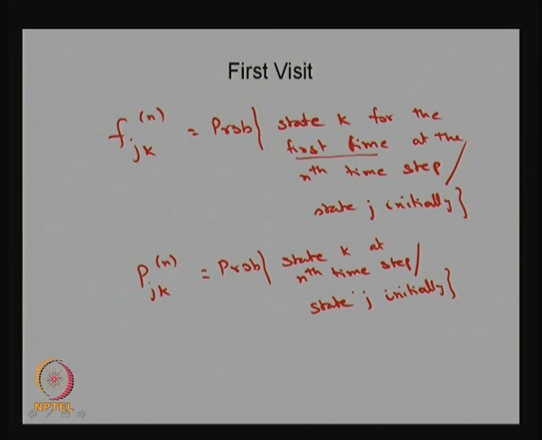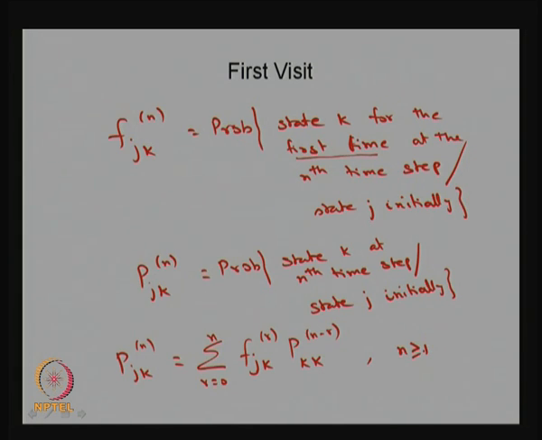I can relate both in the form of p suffix j k superscript n, that is the n step, which is the same as the sum of f suffix j k of r steps and p suffix k k of n minus r steps, where r varies from 0 to n, for n greater than or equal to 1.